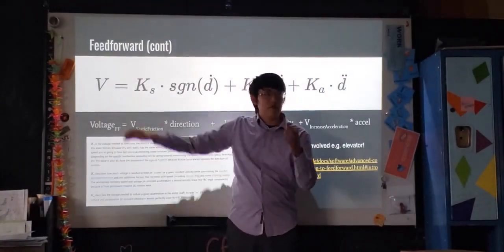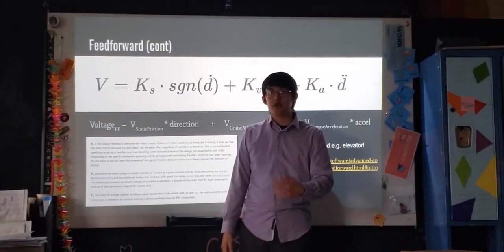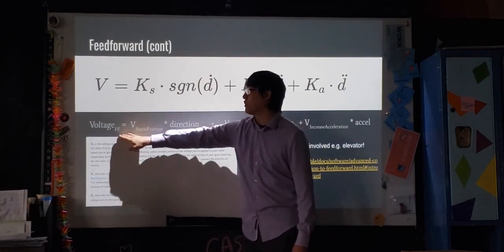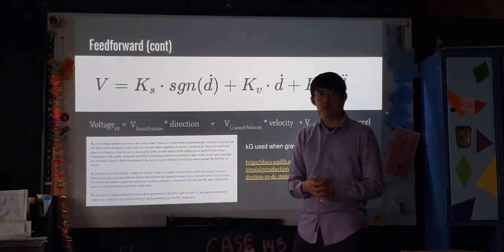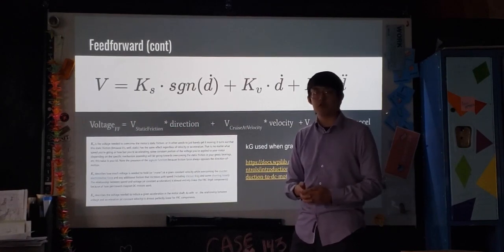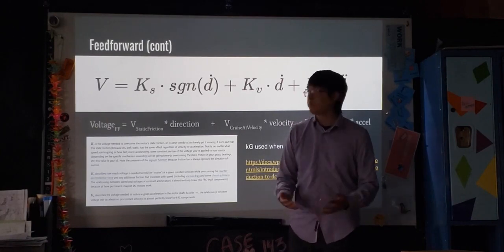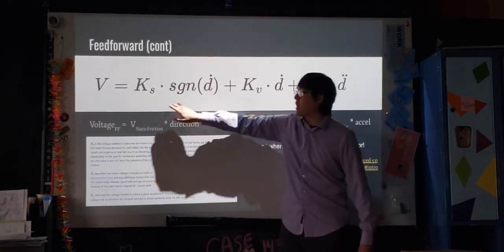Remember that feed forward is an algorithm where you plug in a velocity that you want to reach, and it will output a voltage. That's the voltage for feed forward. I said that one of the things feed forward measures is static friction, how much voltage it takes for the motor to start moving. That's this part right here, Ks times sign(d).